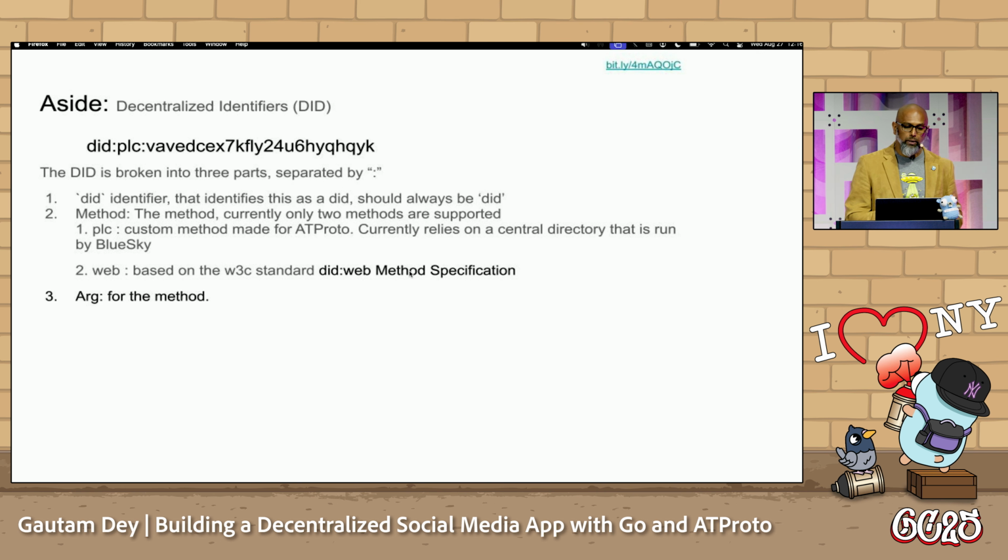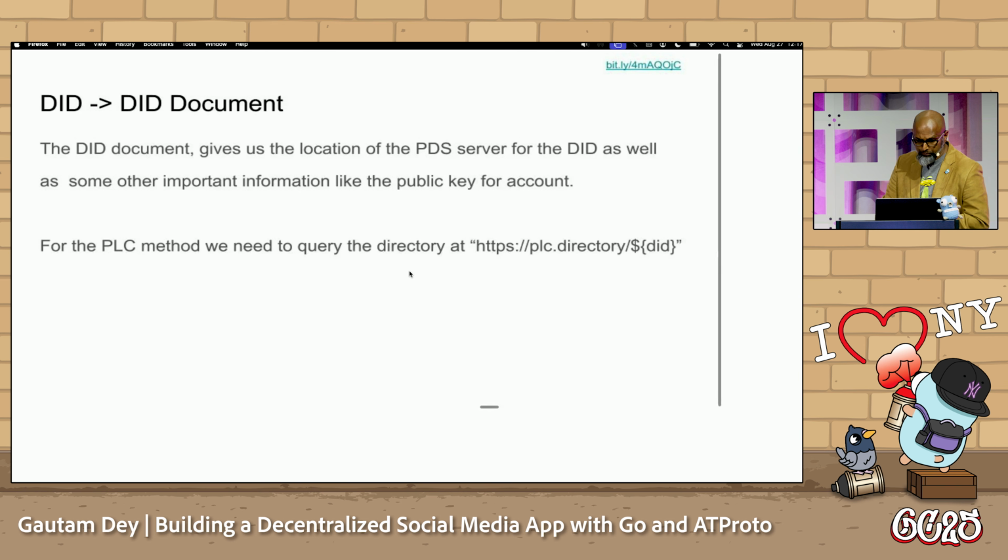There is a lot of work being done on the web-based DID, which will allow anybody to start handing out DIDs, but until that's there, the only one we have right now is PLC. And then finally is the argument, which is the SHA that's used to validate the originating DID document.